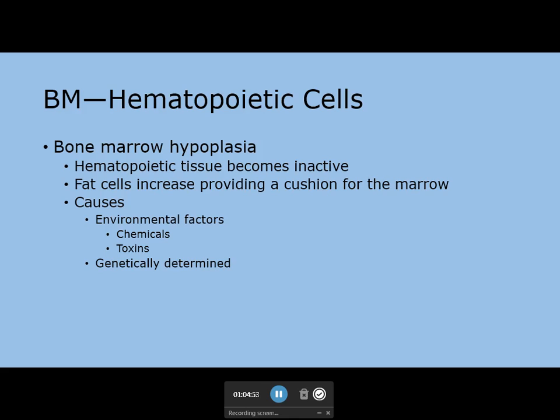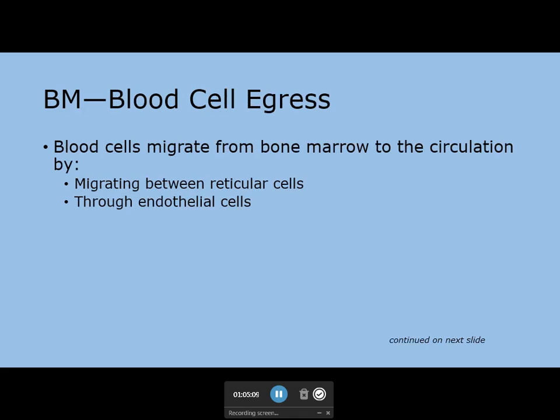Even something as simple as chemotherapy will do this. That's kind of the whole point of chemotherapy when you have leukemia, to knock down the cell growth in the bone marrow. It can be genetic too, but that's very rare.